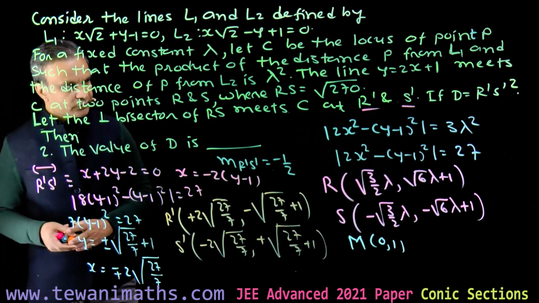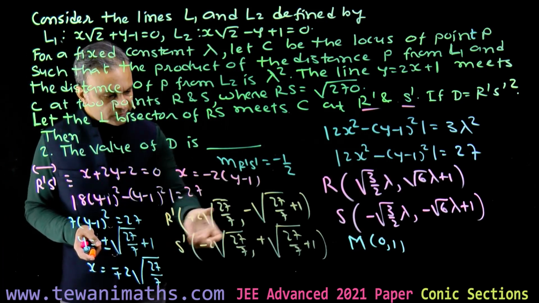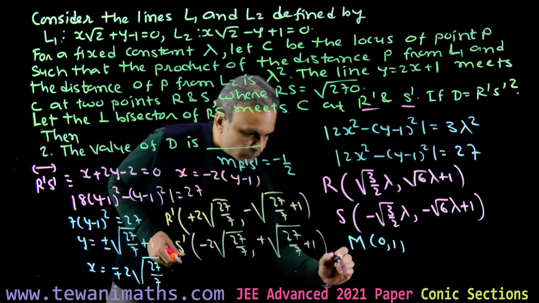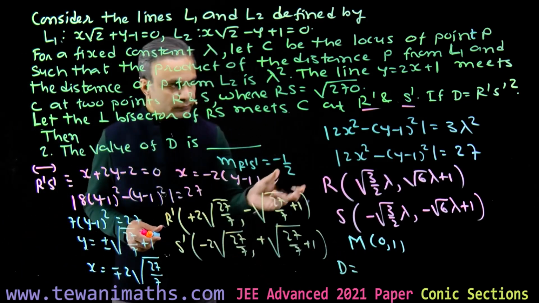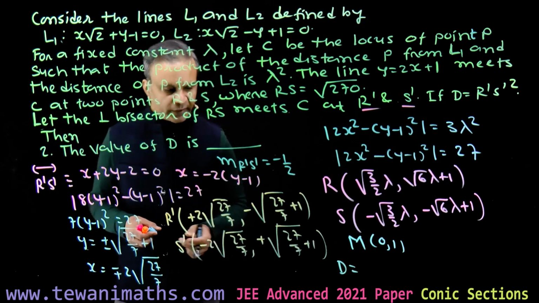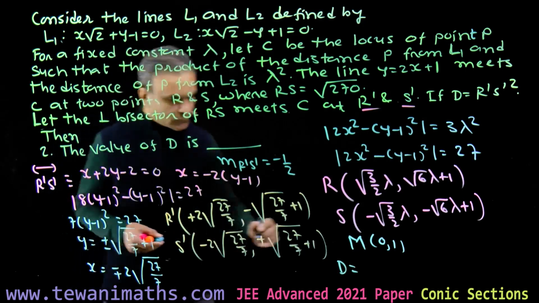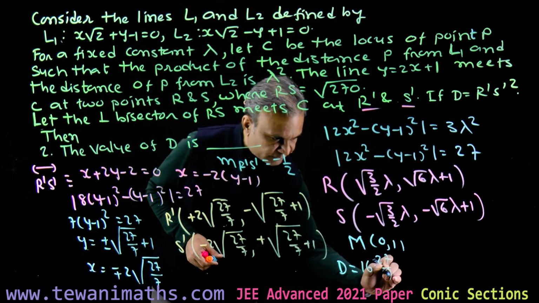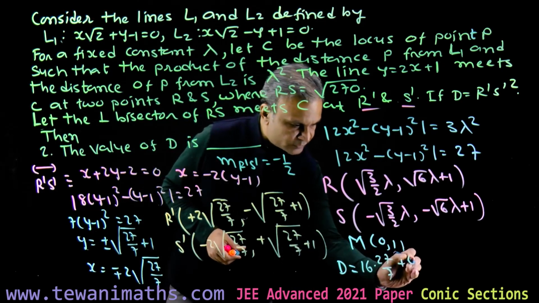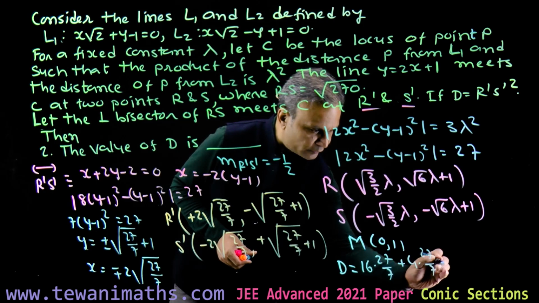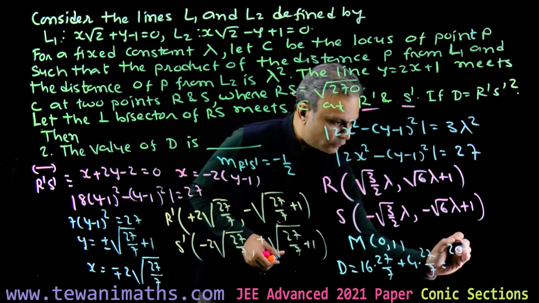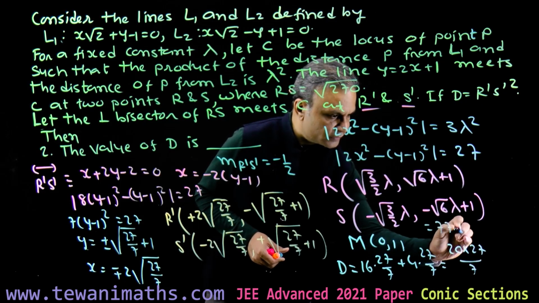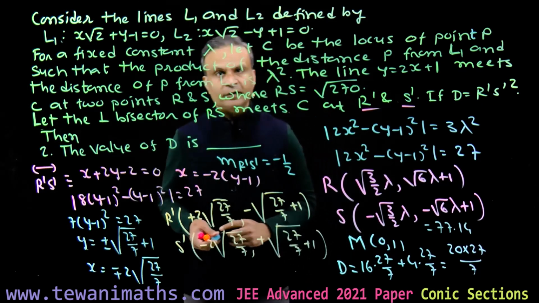Now we have to get the distance between these 2 points. We can use the distance formula. D is the square of the distance between these 2 points. So D will be 16 into 27 over 7 plus 4 into 27 over 7. So this will be 20 into 27 over 7, which is approximately 77.14.